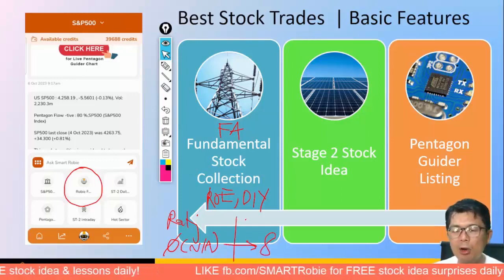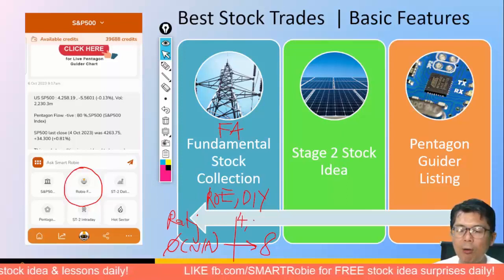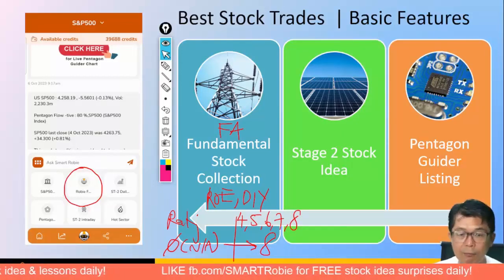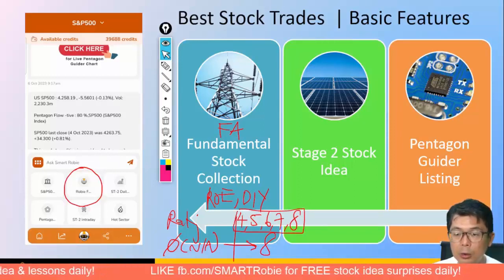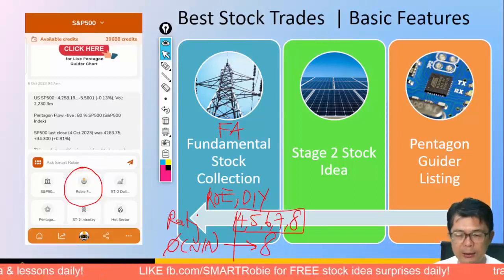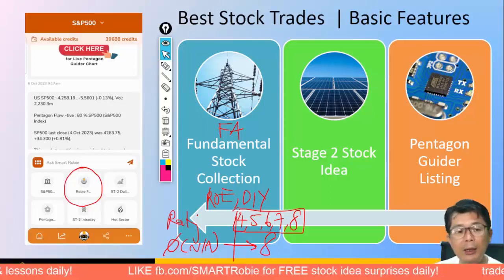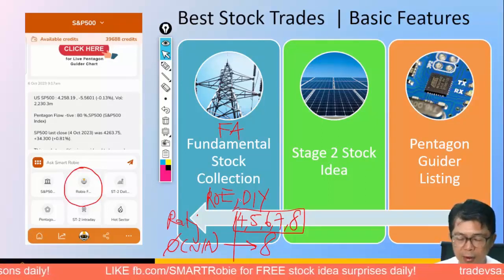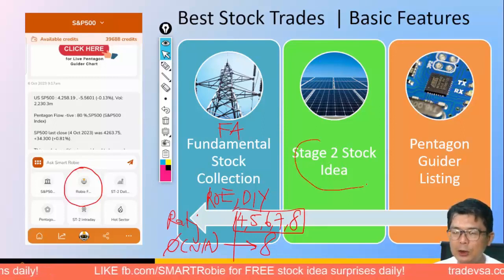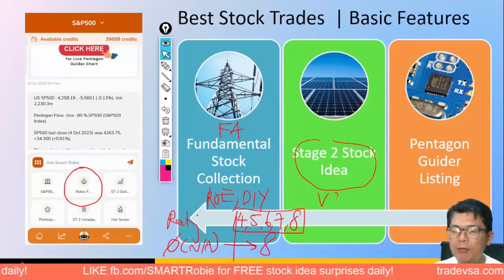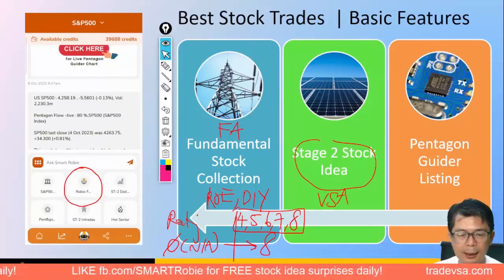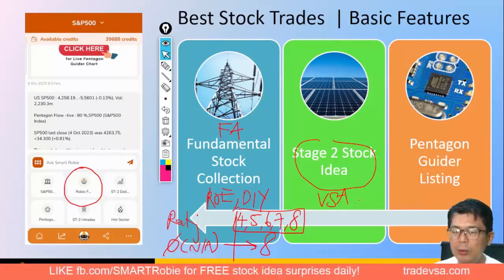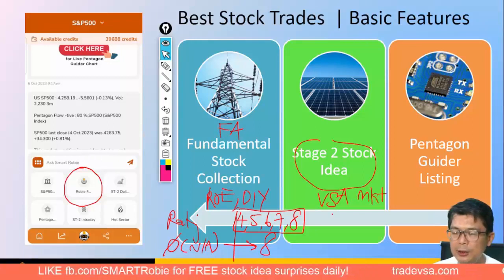So anytime you see stocks around 4, 5, 6, 7, and 8, those are very strong, good FA stocks, fundamentally strong, and that's where you also use the other words, undervalued stocks. Then we have the stage 2 shares, which is part of the VSA Foundation, what we call the market stages.